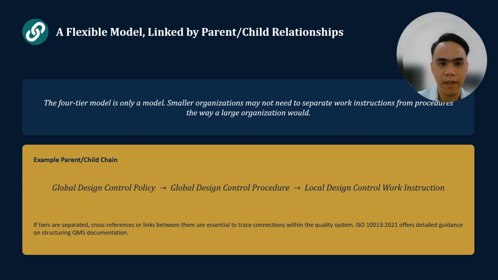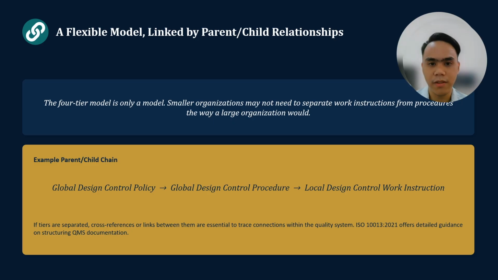Here's a concrete, practical example of that flexibility. In a small organization, the separation between work instructions and procedures may not be necessary the way it would be for a large organization. A five-person shop does not need the same four-layer separation that a multinational manufacturer does.